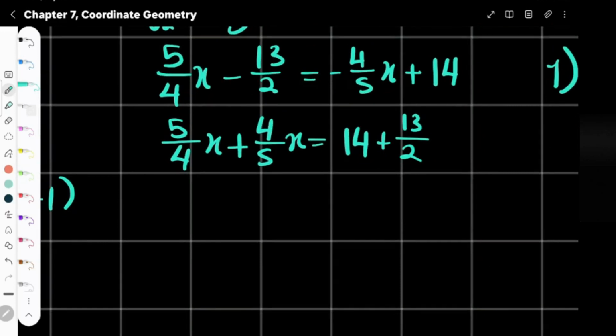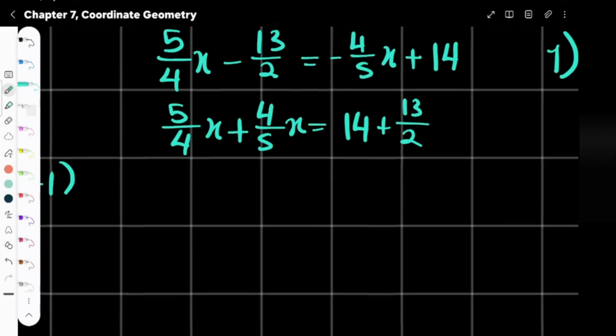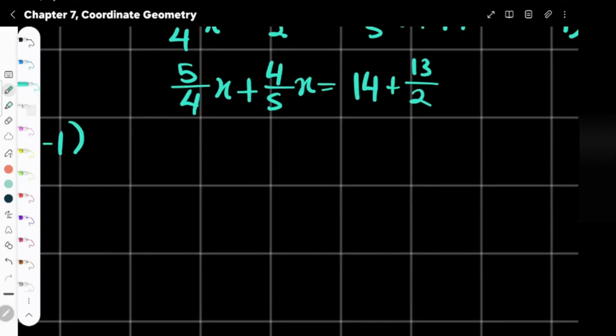You can also solve manually. So 5/4 plus 4/5 will be 41/20 x.